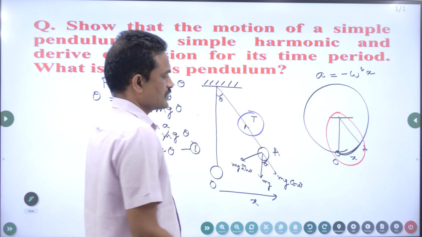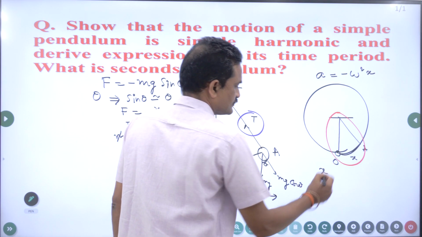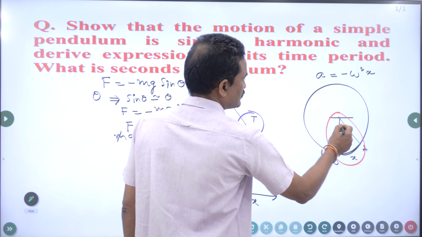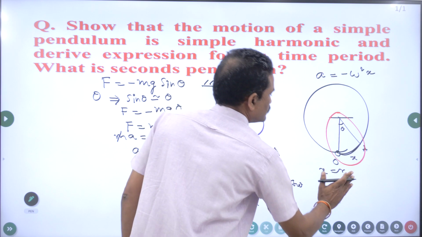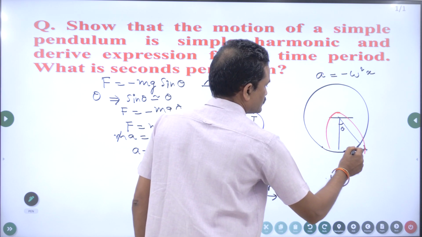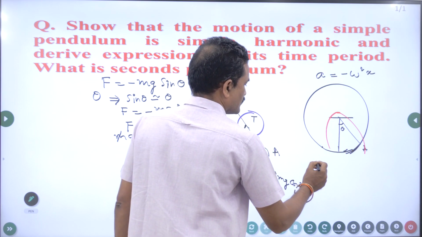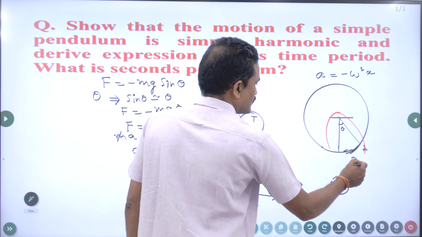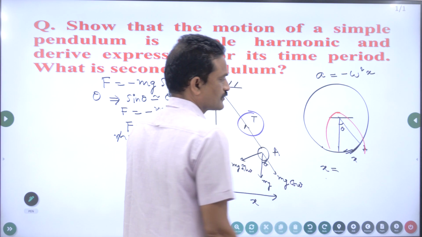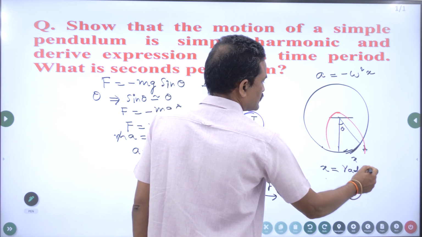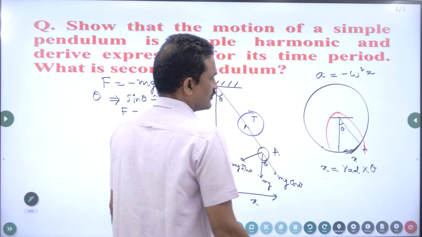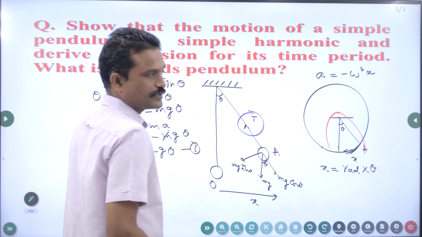The length of the sector is equal to radius times angle, that is x is equal to radius into angle theta. What is the radius? Radius is nothing but the length.